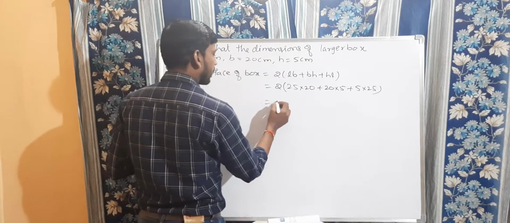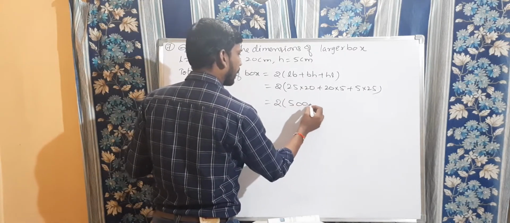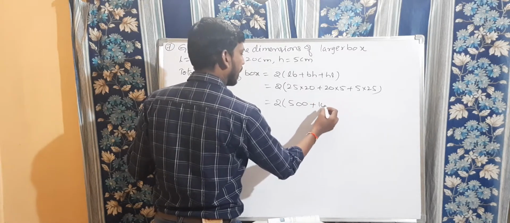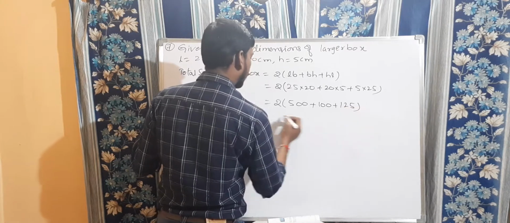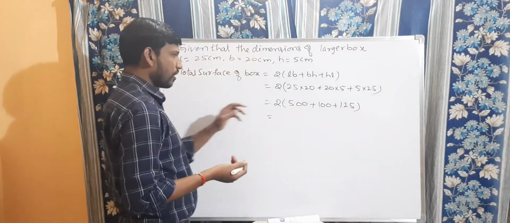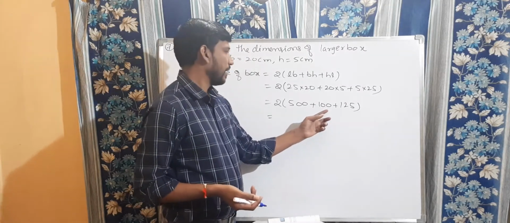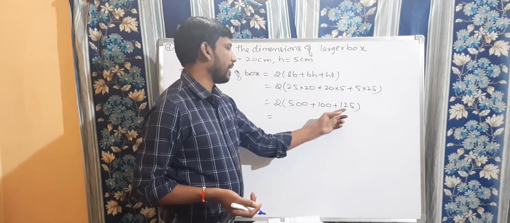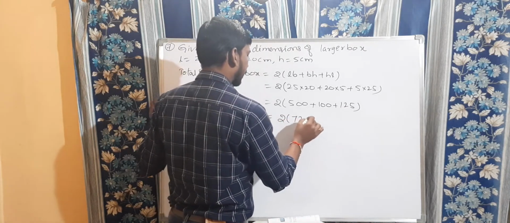Now 25 into 20 is 500, plus 20 into 5 is 100, plus 25 5s are 125. By adding these three, 500 plus 100 is 600, 600 plus 125 is 725. So 2 into 725.